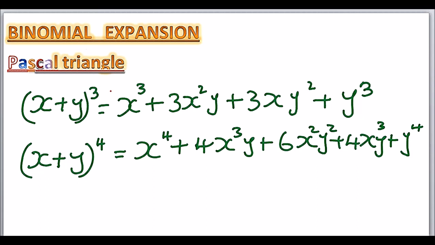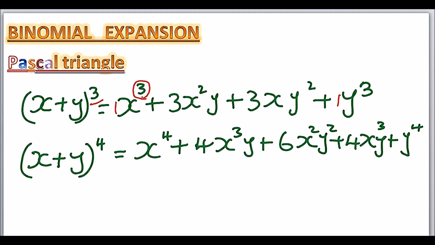Now, looking at our pattern here, we can see that from a Pascal's triangle, our expansion always starts with 1 and ends with 1. So you notice the index here. The first term always takes that index, that is 3.